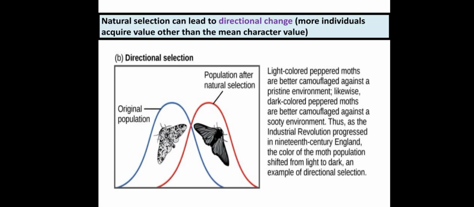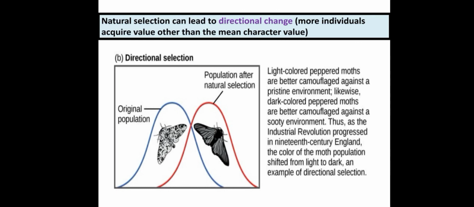Natural selection can lead to directional change, that is, more individuals acquire value other than the mean character value. Here is the example. Light colored peppered moths are better camouflaged against a pristine environment.